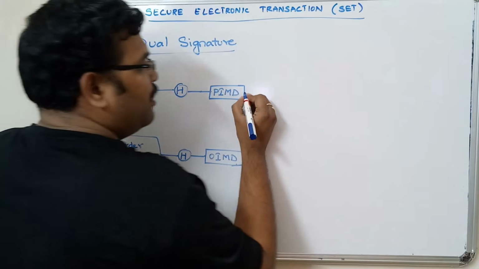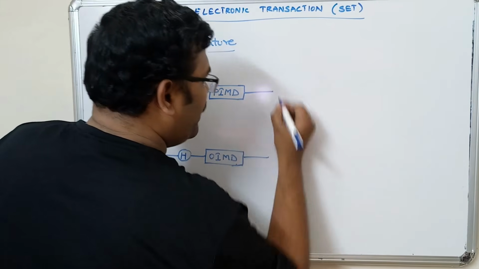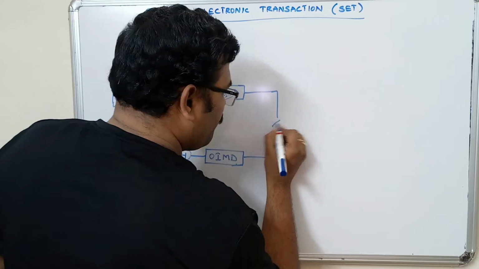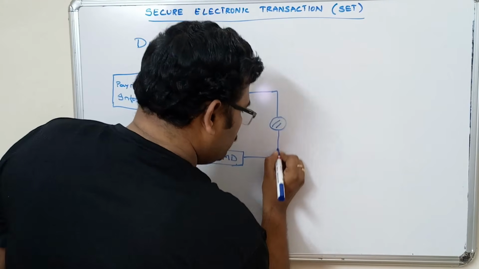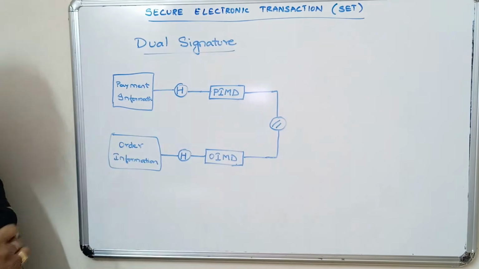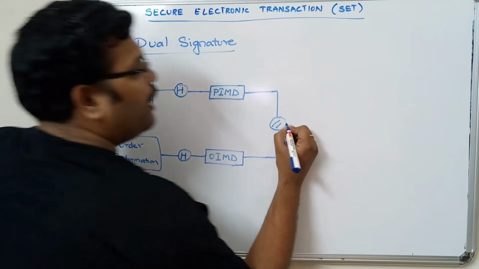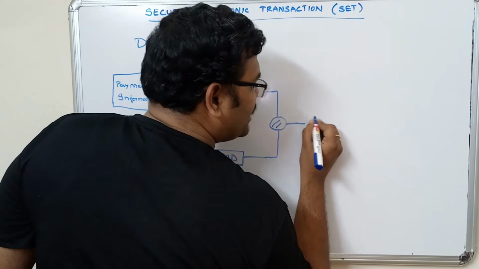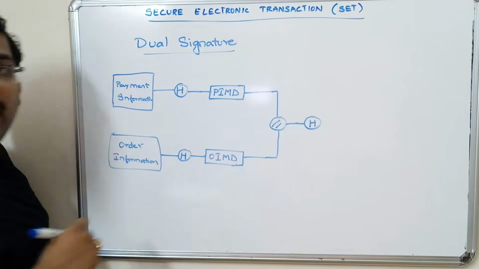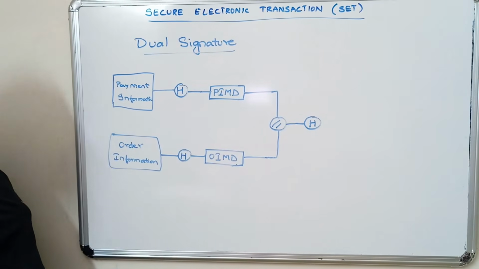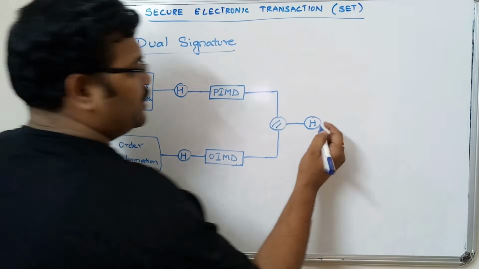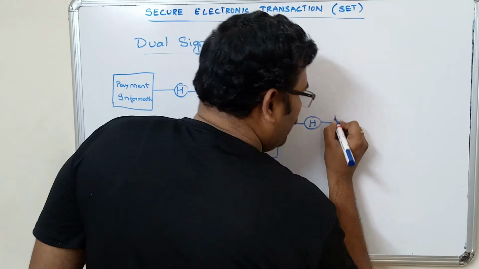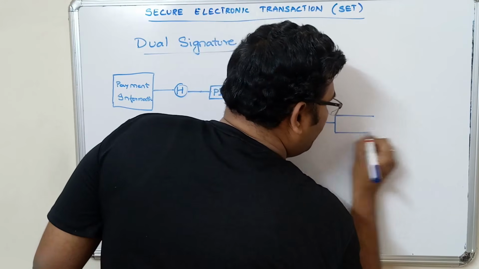So again, we have to append these two and then apply the hash function again, so that we will get one more message digest.